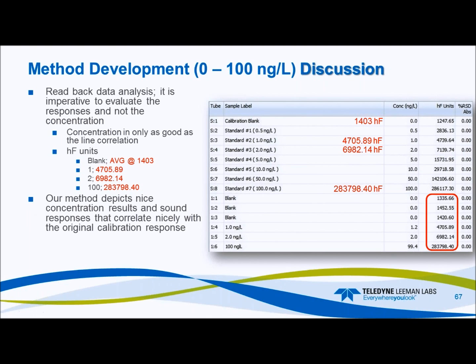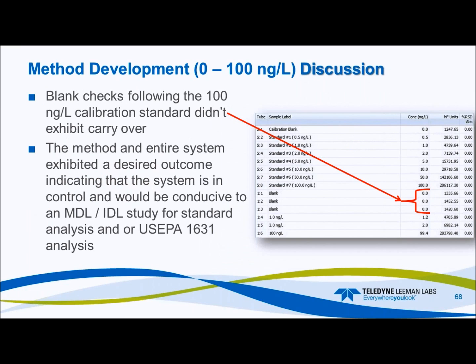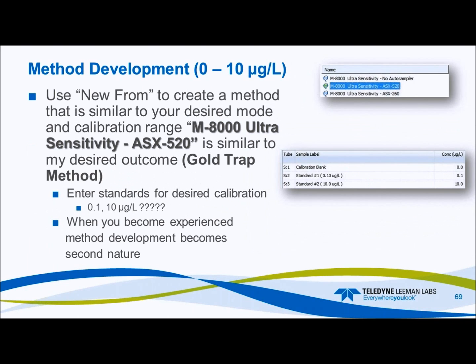So we got nice responses for the system, so it's in control and we're ready to roll. Blank checks. So again, they didn't exhibit any carryover, so I think my system is giving me the desired outcome, so I am ready to run a 1630 calibration and/or do method MDL or IDL study, depending on what you want to achieve with the system.